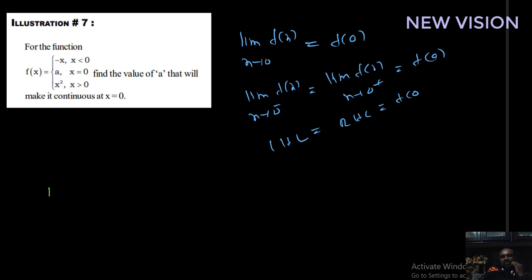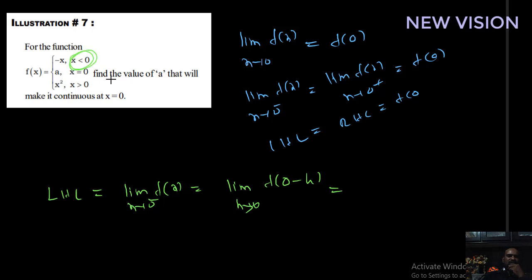Okay students, LHL is the limiting value of f of x, x tending to 0 minus, which is the same as the limiting value of f of 0 minus h, h tending to 0. Here, 0 minus h, instead of x what should I write?